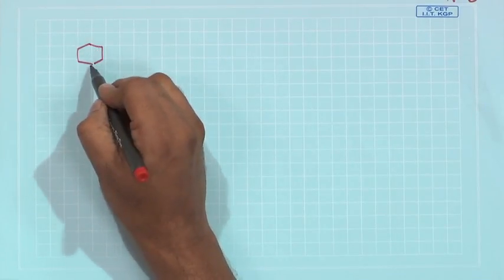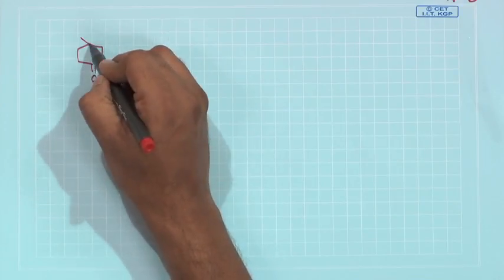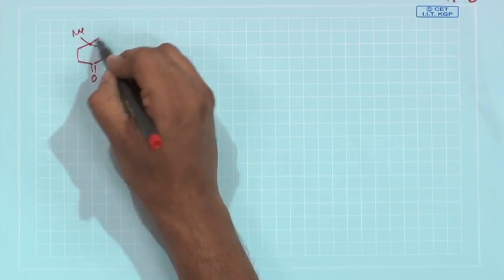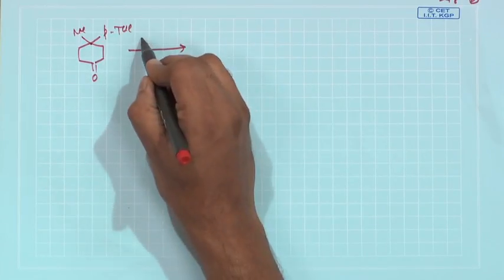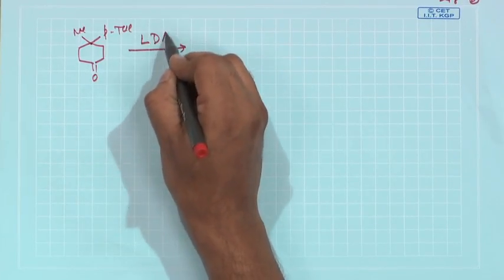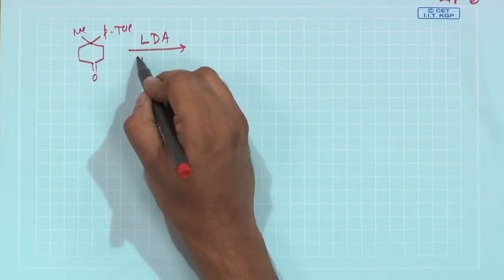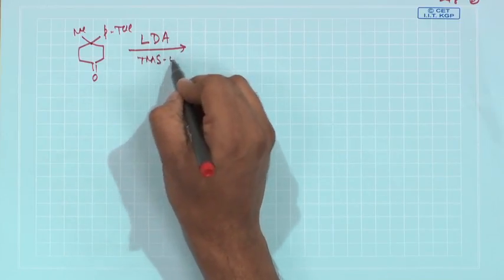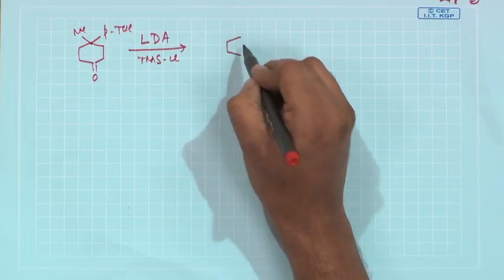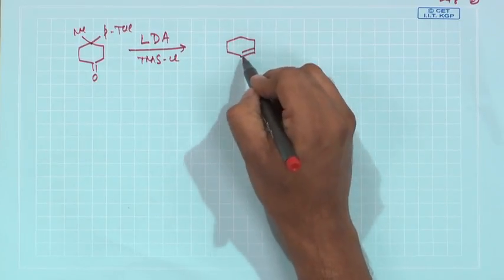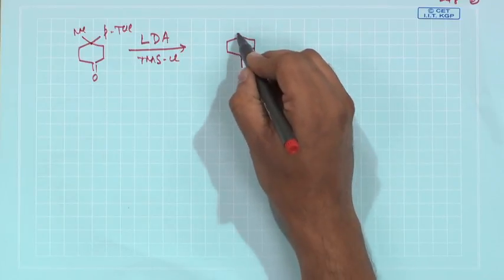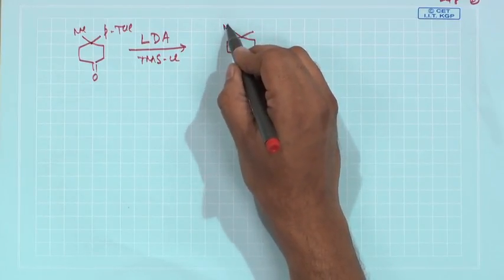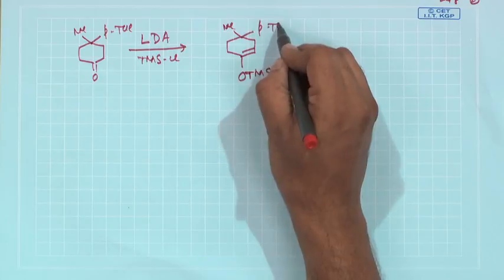So, the initial starting material is this, which I say is a symmetrical molecule. You do an LDA treatment followed by TMS chloride, which will give you the desymmetrization, to give you the enol ether, with the methyl and paratolyl.